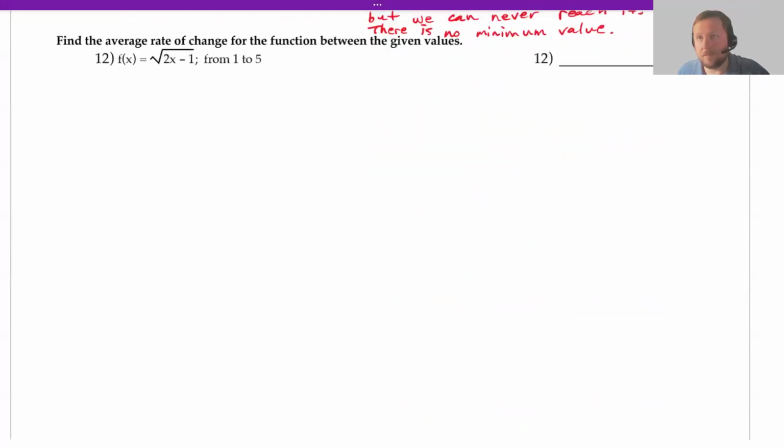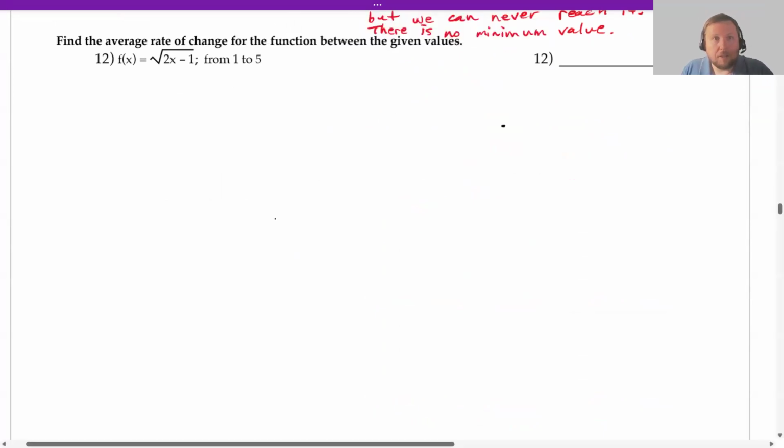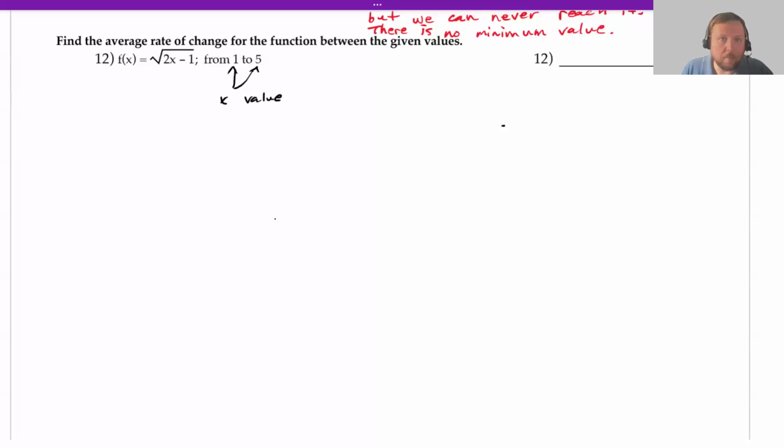Number 12. Find the average rate of change for the function between the given values. Oh, so these are x values, just so you know.